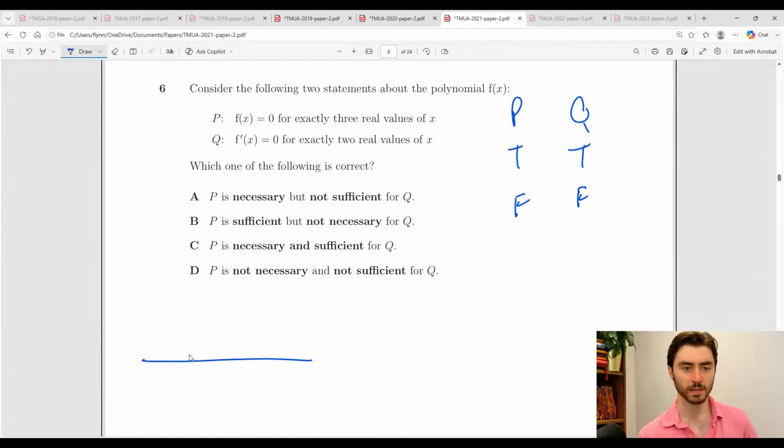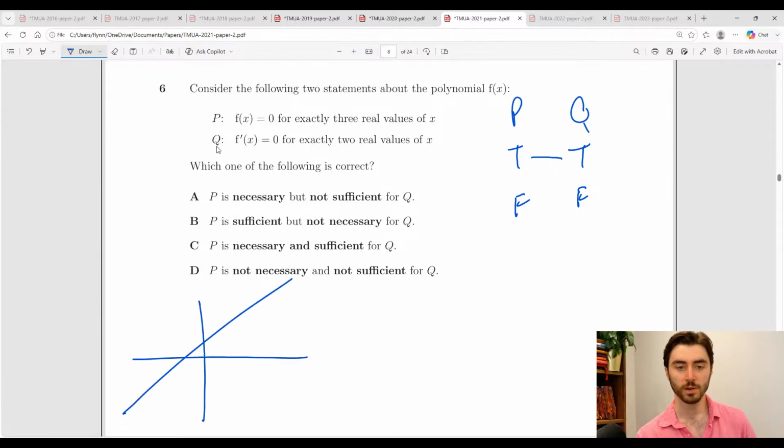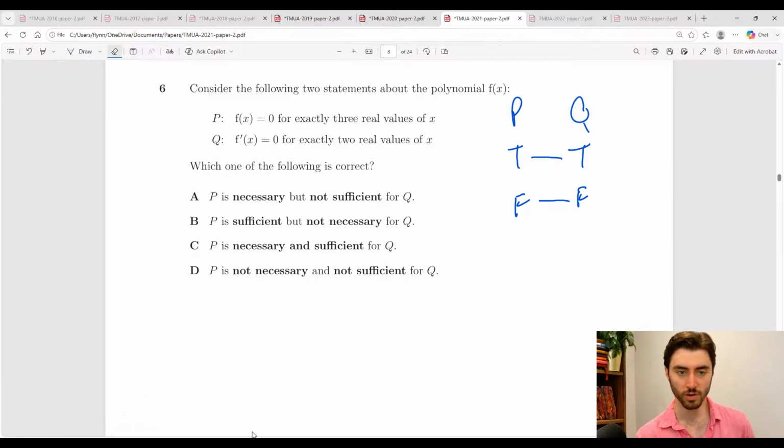Okay, so let's consider the most basic case. F of x equals 0 for exactly 3 real solutions. There's 2 turning points. So true to true exists. False to false: a straight line. P is false, Q is false. So false to false exists. Let's consider these cross terms.